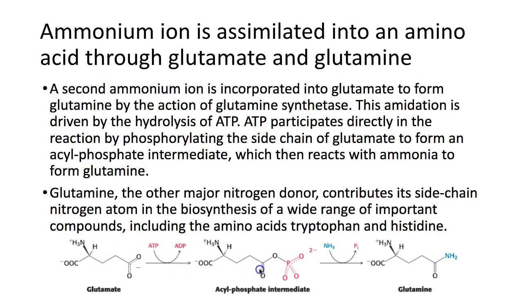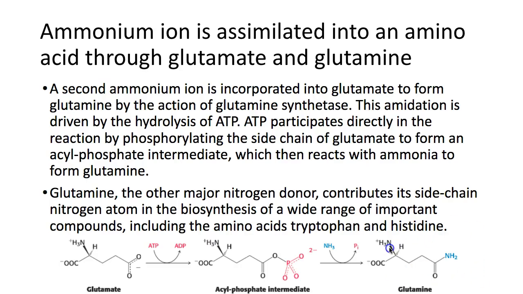So that is forming an acyl phosphate intermediate, and then from there you have the ammonium ion, or how they have it in this form, it's just ammonia, but in aqueous solution, just remember that this is ammonium ion, and so that is attaching and replacing that phosphate group to now form glutamine.